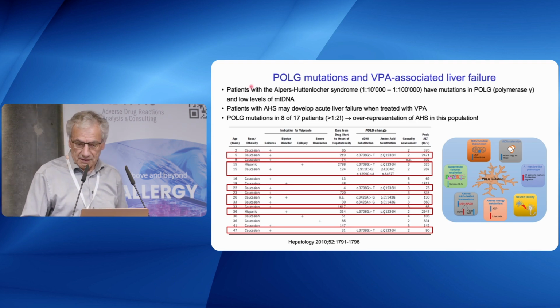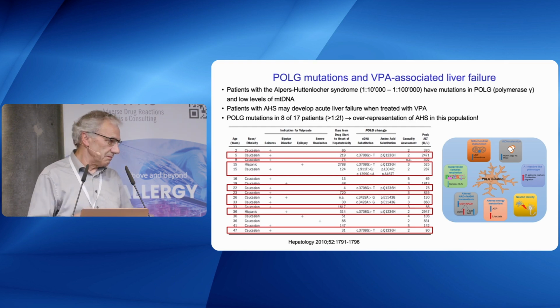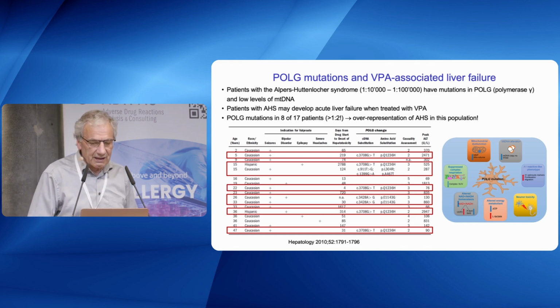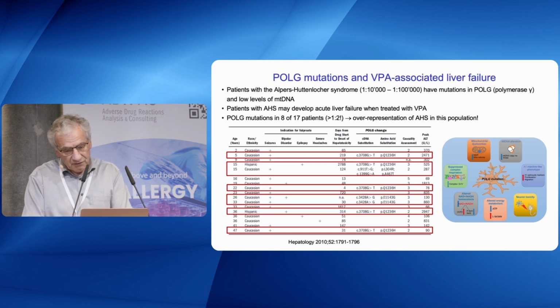And you see what the consequences are: they have the mitochondrial disease. This is a multi-system disease because they have difficulties to produce the mitochondrial DNA, and 13 proteins within the mitochondria are encoded by this mitochondrial DNA.